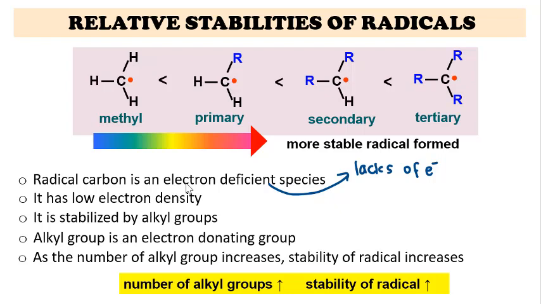So the carbon radical will be stabilized by the presence of alkyl groups. Since an alkyl group is an electron donating group, it will donate electrons towards the carbon radical and make the carbon radical more stable. So as the number of alkyl groups increases, the stability of the carbon radical also increases.